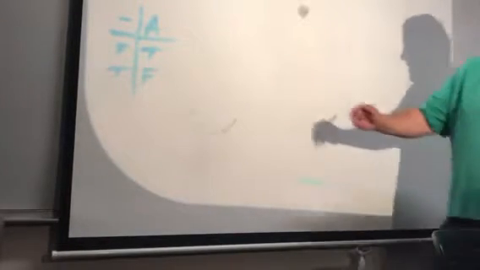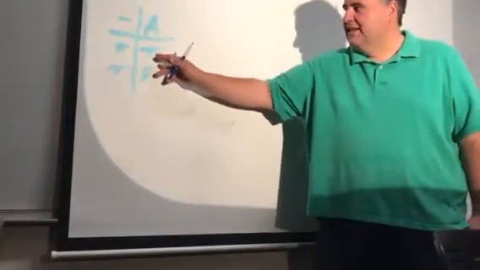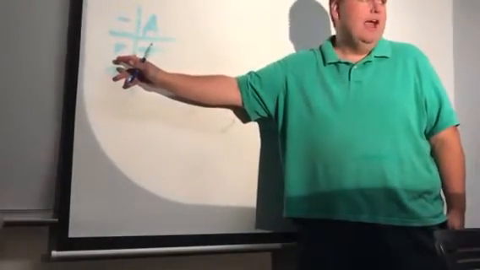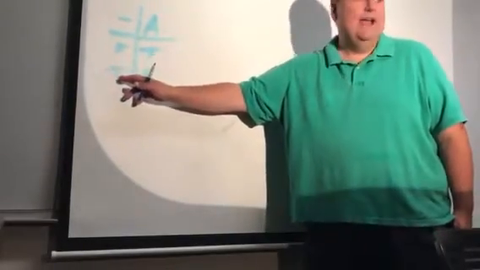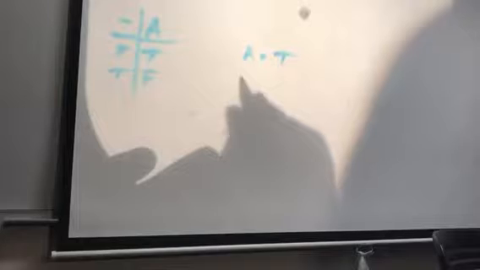So that's invalid? No, it's not. This isn't valid or invalid. This is just, anytime A is true, bar A would be false. Anytime A is false, bar A is true. Does that make sense? So basically what it's saying is if A has a truth value of true, then bar A will have a truth value of false.